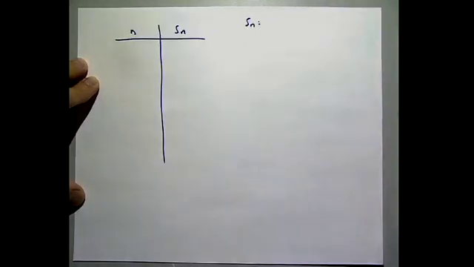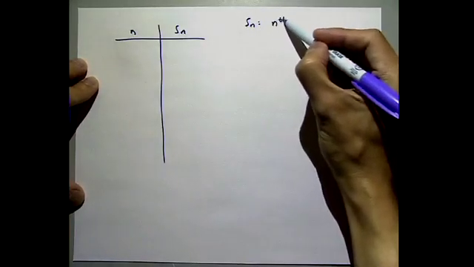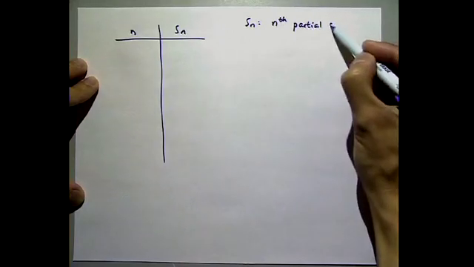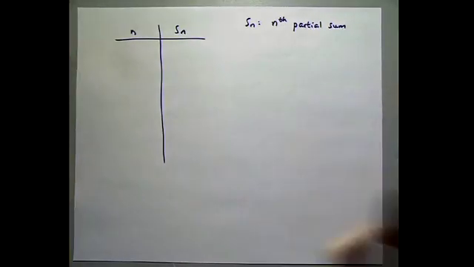Remember, S sub n is the nth partial sum. And if the partial sums seem to be settling somewhere, then we can say this is converging. And we can probably also kind of eyeball what the actual sum is.